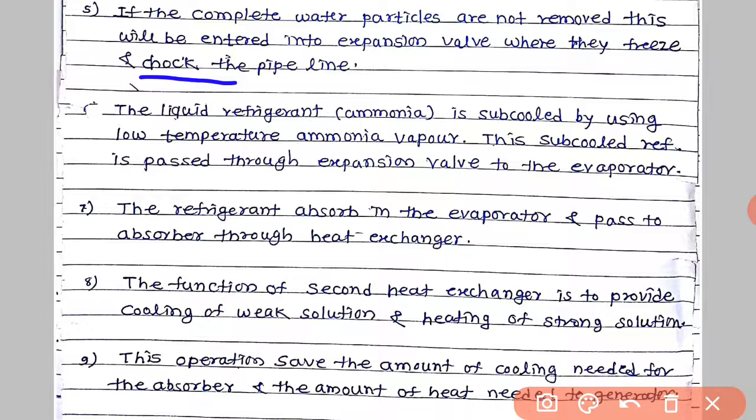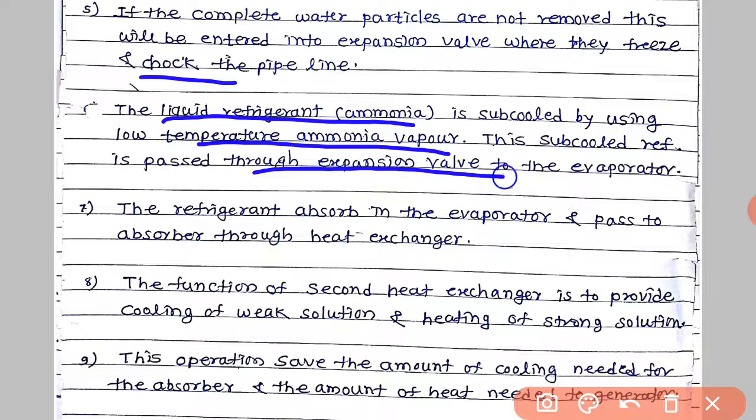The liquid refrigerant ammonia is subcooled by using low temperature ammonia vapor, and this subcooled refrigerant passes through the expansion valve to the evaporator, and the actual refrigeration process takes place in the evaporator. The refrigerant absorbed in the evaporator passes to the absorber through the heat exchanger.